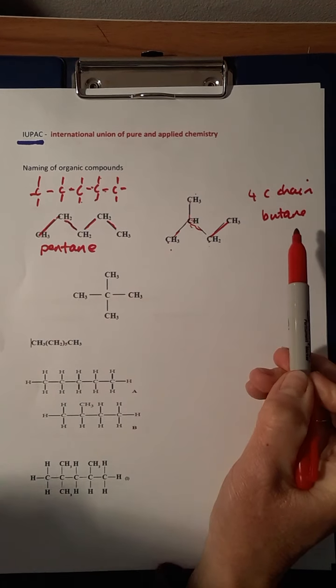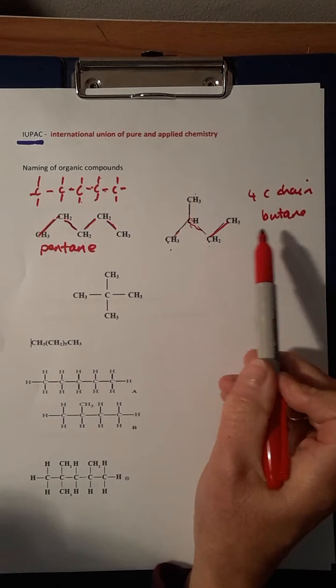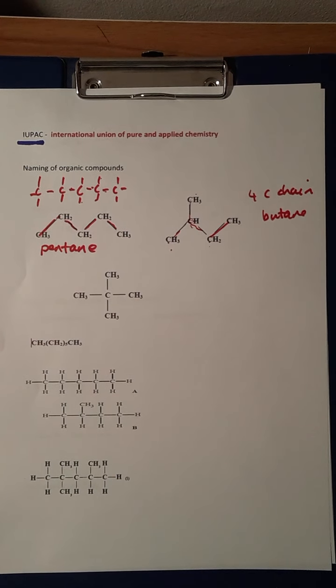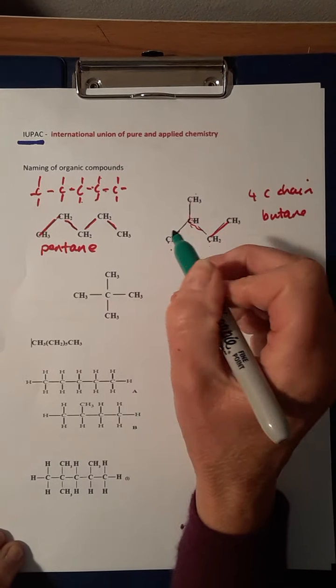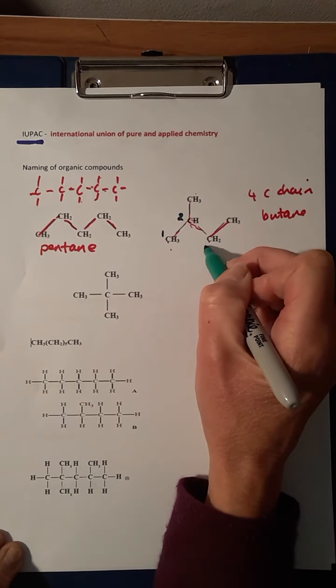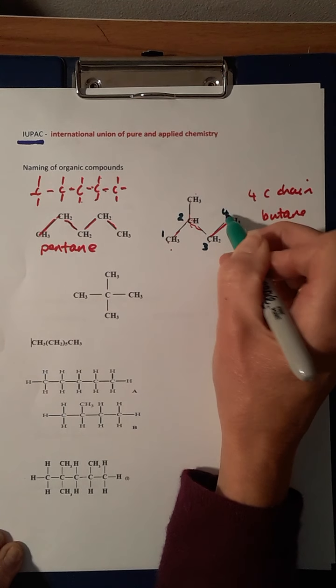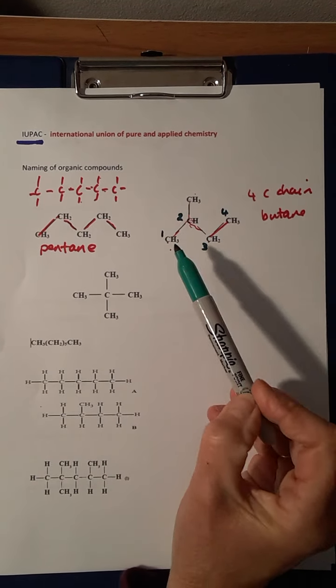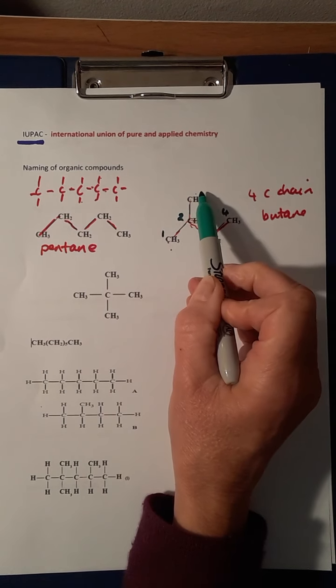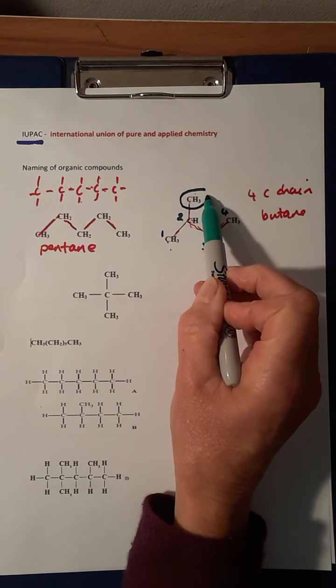Right, now I'm going to number the carbon atoms. If I number the carbon atoms along my 4 carbon chain, if I say this is number 1, this is number 2, this is number 3, and this is number 4, then I can see that attached to carbon number 2, there's this CH3 group here.